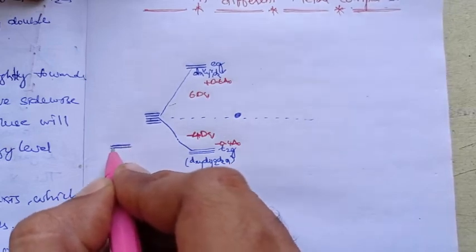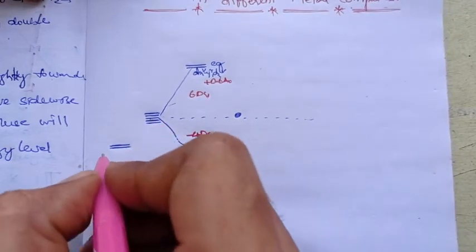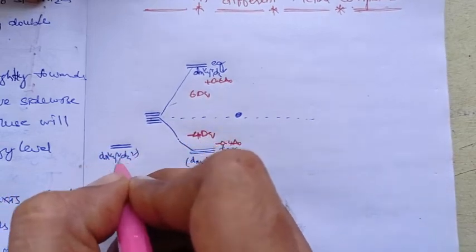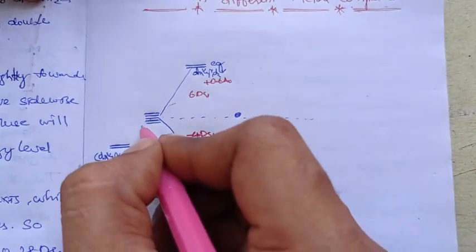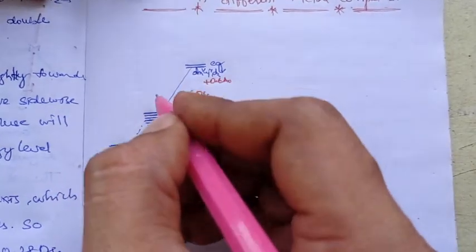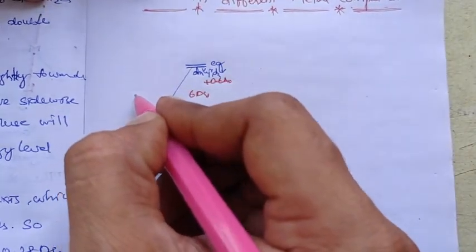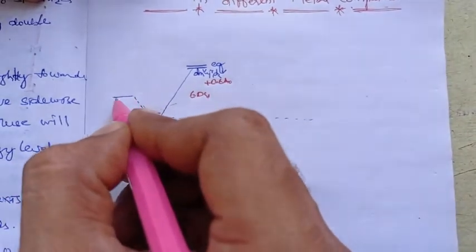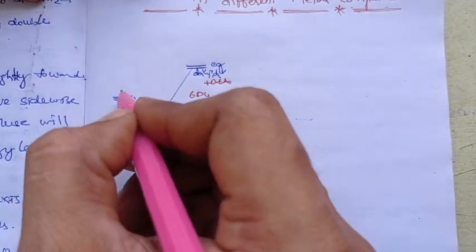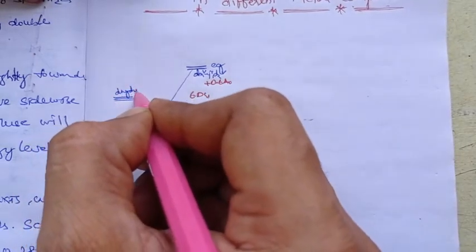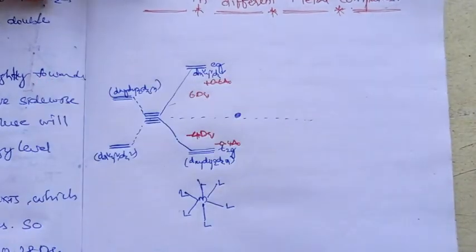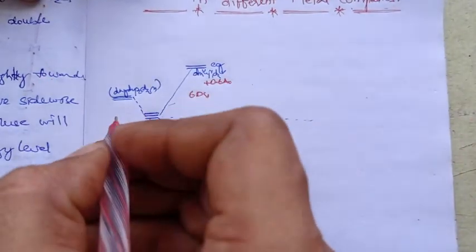The two orbitals dx square minus y square and dz square lower their energy, and the non-axial orbitals dxy, dyz, and dzx are excited to higher energy.